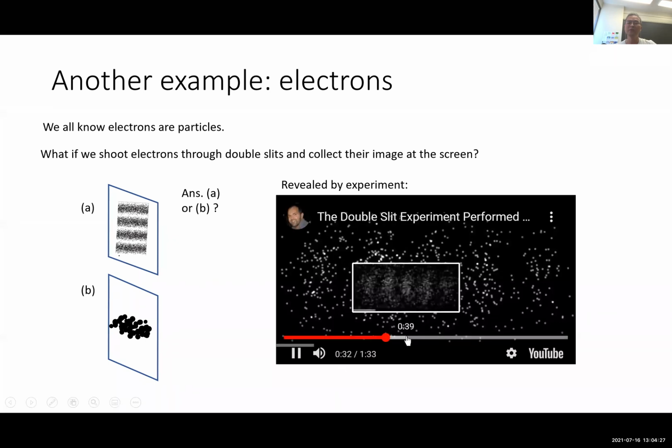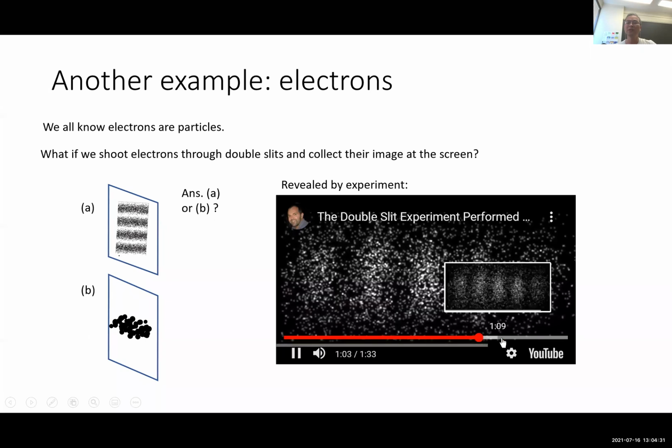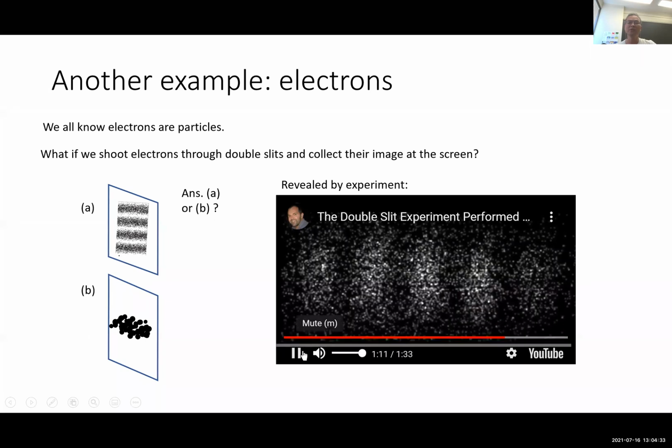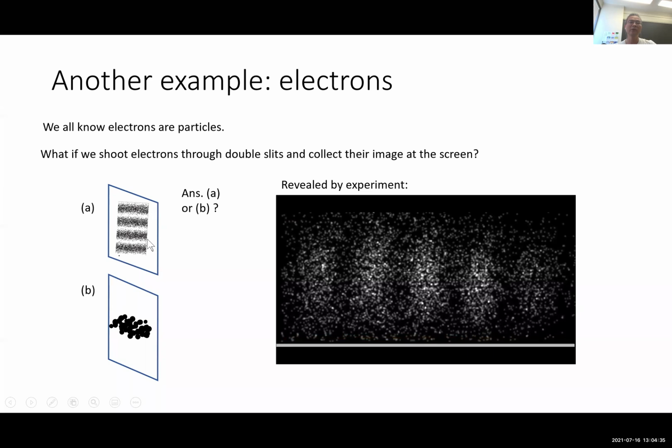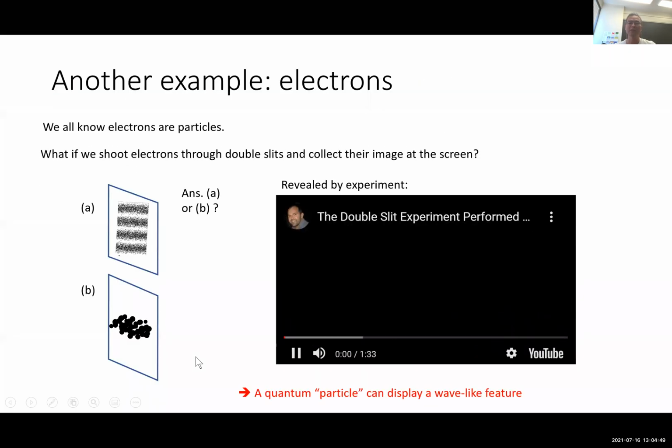If we fast forward this, you see that at the end, it shows the exact bright, dark pattern as in the interference fringes. So this shows that electrons actually exhibit a wave property, even though they are known as particles.